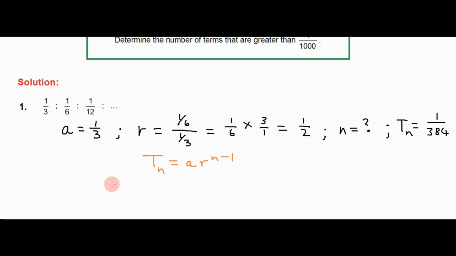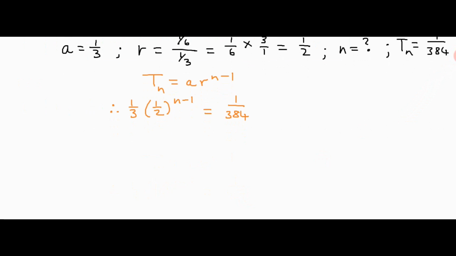We know A is a third. So a third into R, and we saw that R was a half. So a half to the n minus 1 must equal T sub n, which is 1 over 384. We want to solve for n.